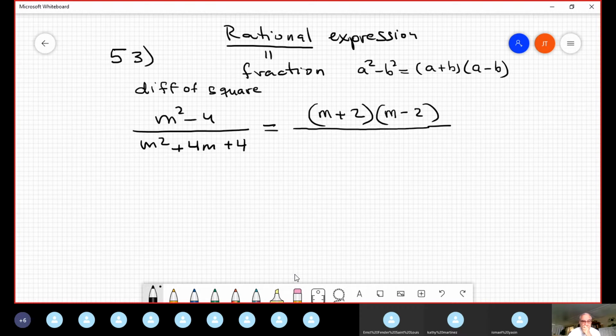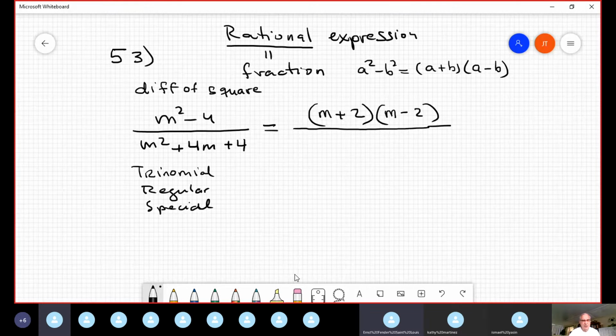At the bottom we have a trinomial. But what kind of trinomial? Regular or special? It's regular, look, the coefficient is 1.